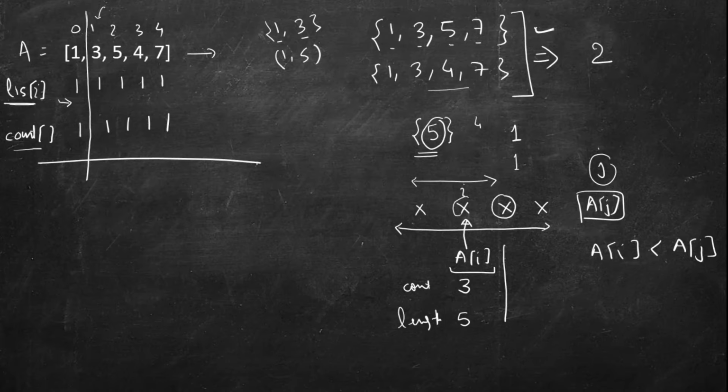So we have 3 subsequences of length 5, and the last element of all of them is ai.